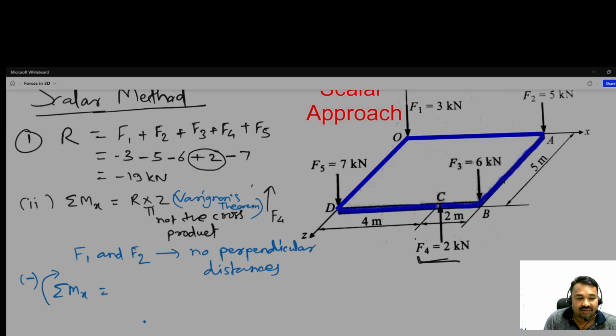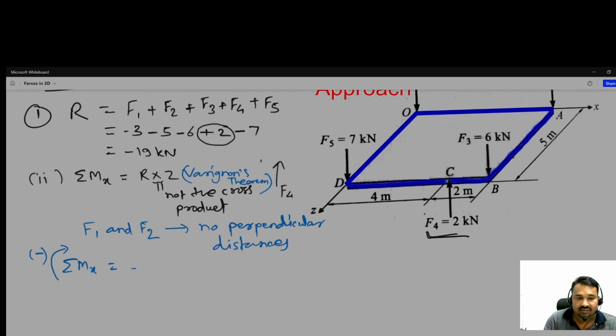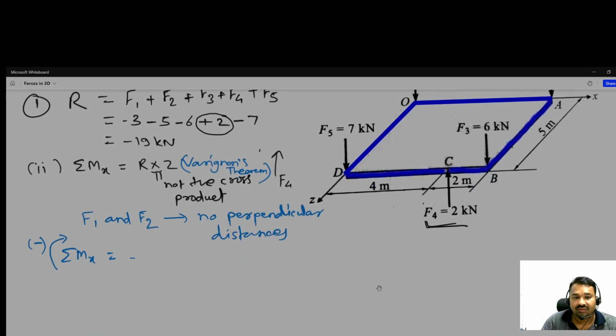So this F1, and the distance; it is better to write the value. What is F1? F1 is equal to 3, and it is multiplied by 0 for this.